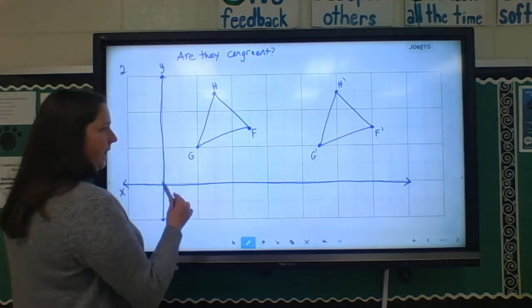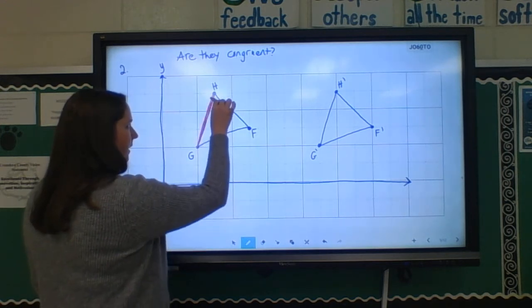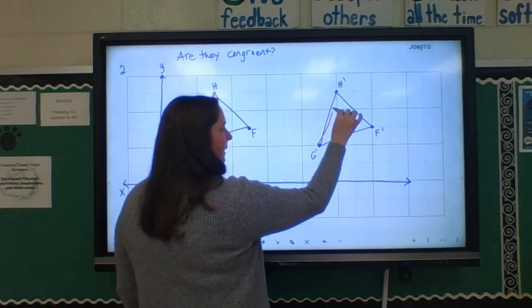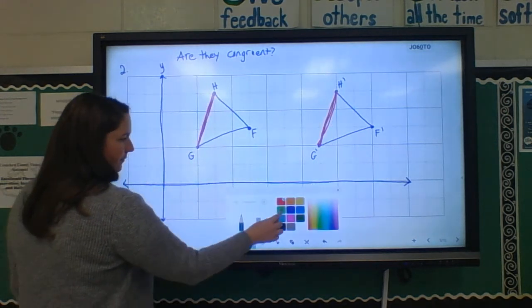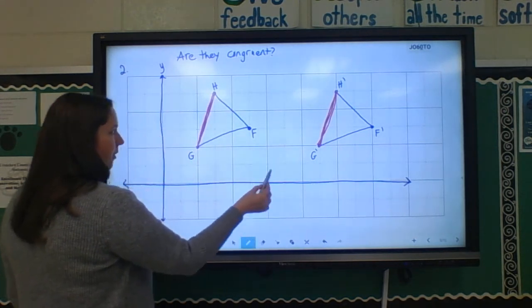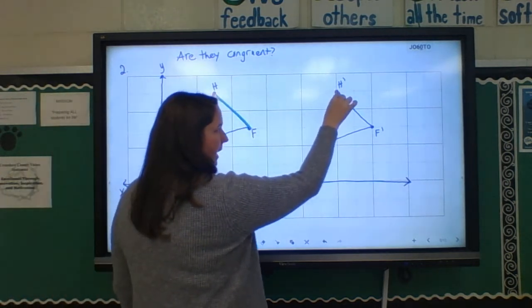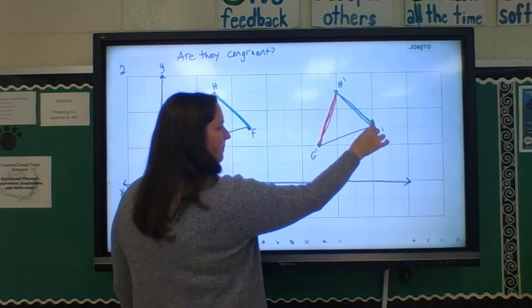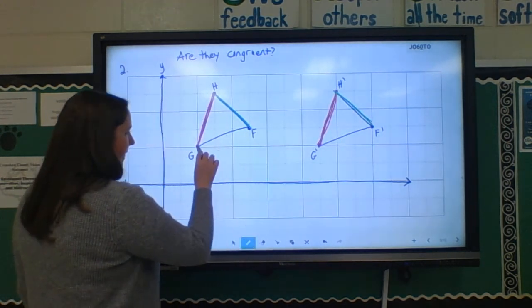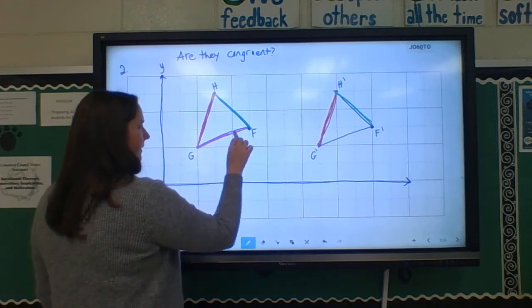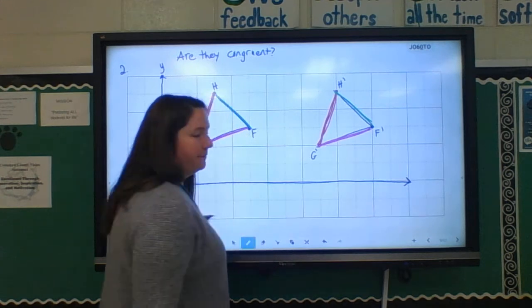You'll do GH and compare that with G prime H prime, and then HF and compare H prime F prime, and then GF and G prime F prime.